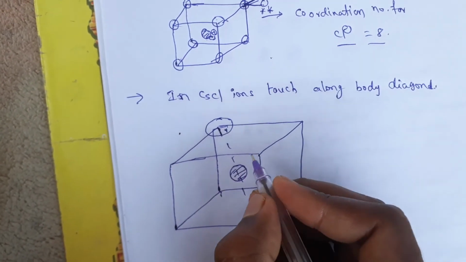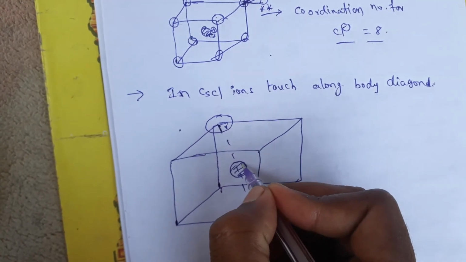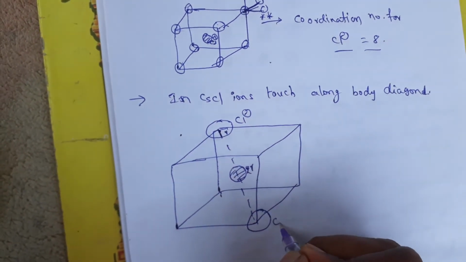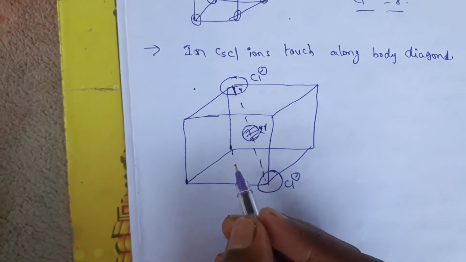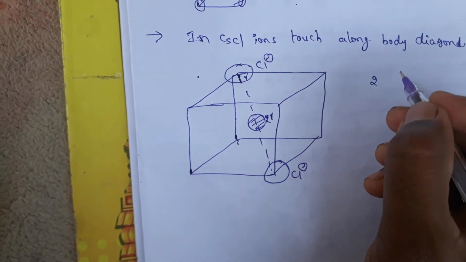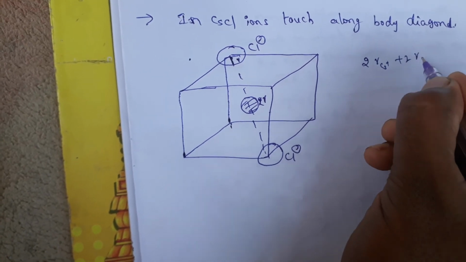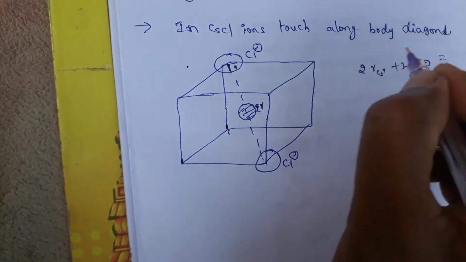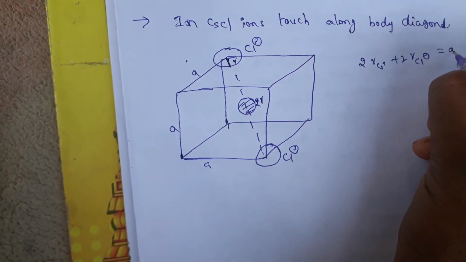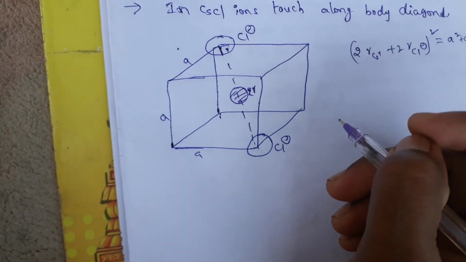Here R is the radius of this sphere or circle, and here the radius is 2R. This is a Cl minus ion, this is 2R, and here it is a Cl minus ion. So this is 2R Cs plus plus 2R Cl minus equals how much? See, this is A, and this is A. So A square plus A square plus A square equals the whole square, that is the Pythagoras theorem.